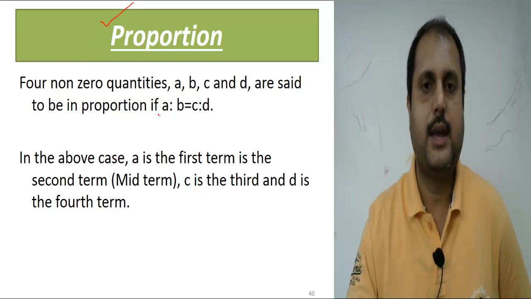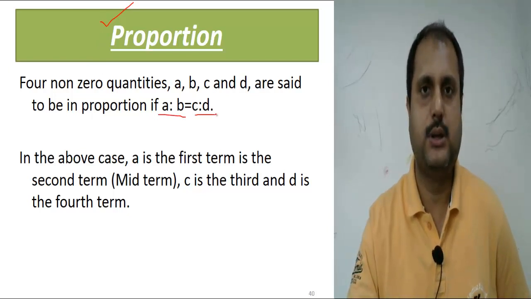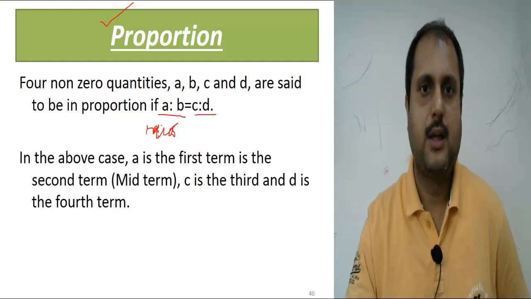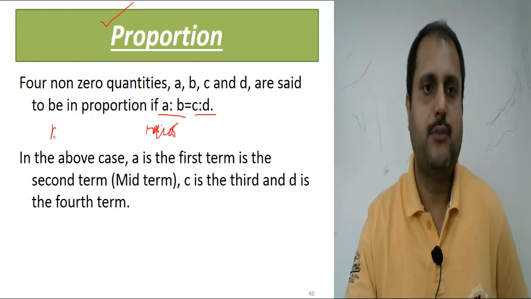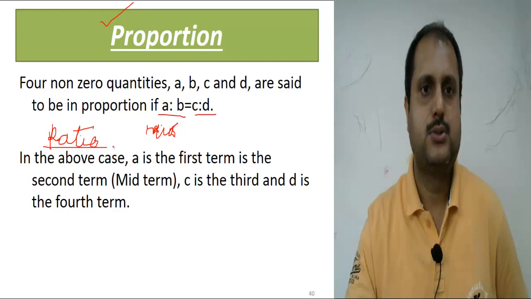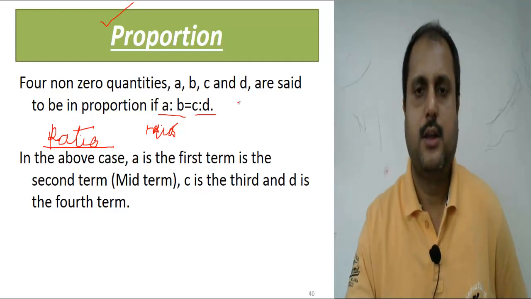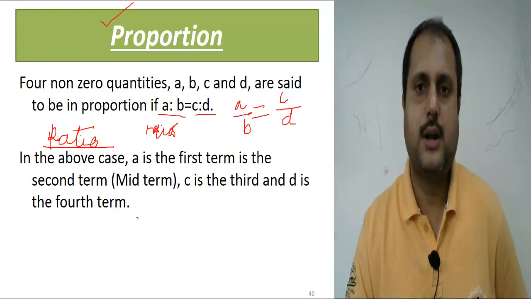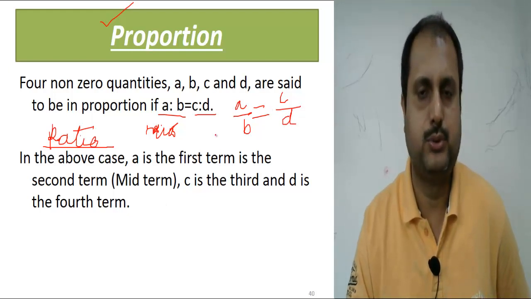Here you can see A ratio B equal to C ratio D. We are comparing two ratios, so it is called the proportion.